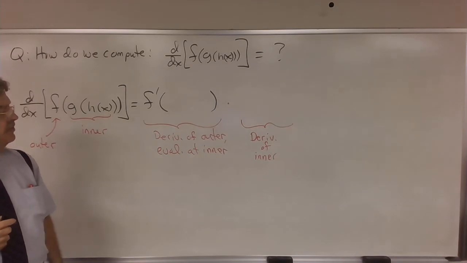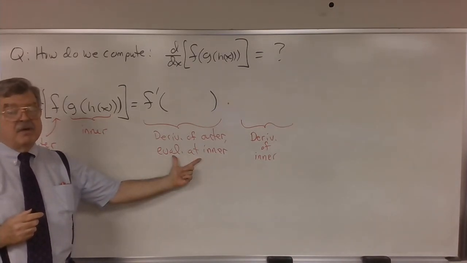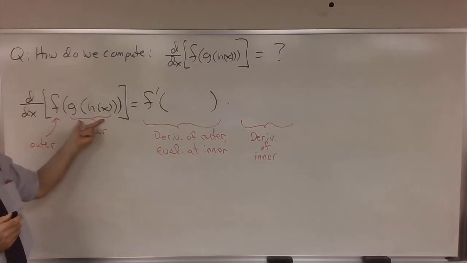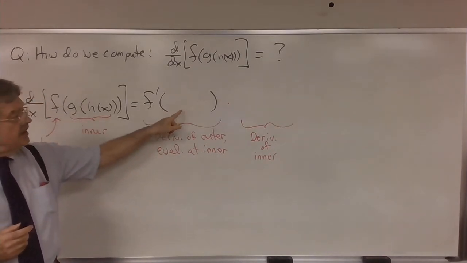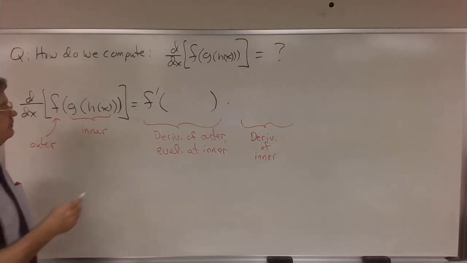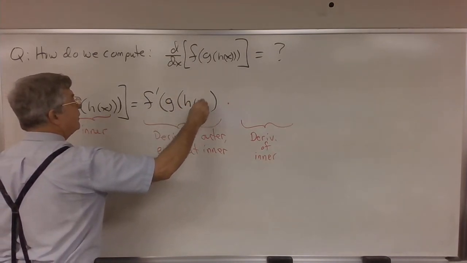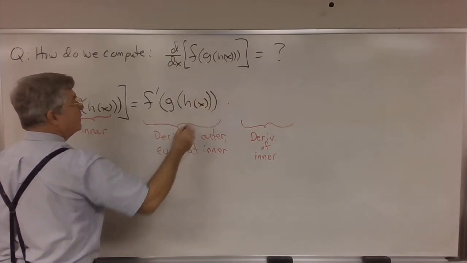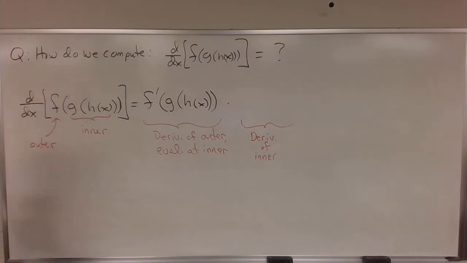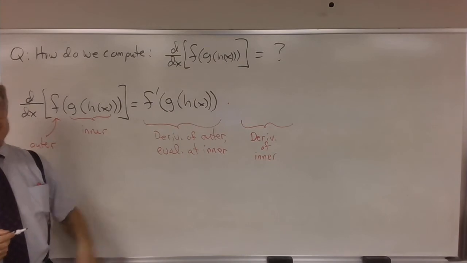And what we have to do next is we have to evaluate it at the inner function. Or we have to take the inner function and plug it in here. Well, the inner function is g evaluated at h of x. So we plug that in. Beautiful. We got the derivative of the outer evaluated at the inner.